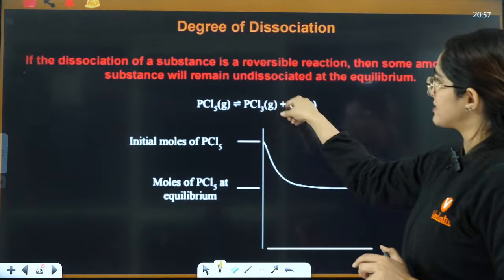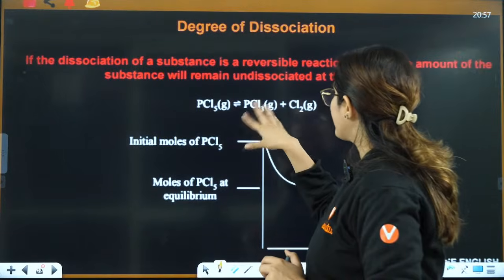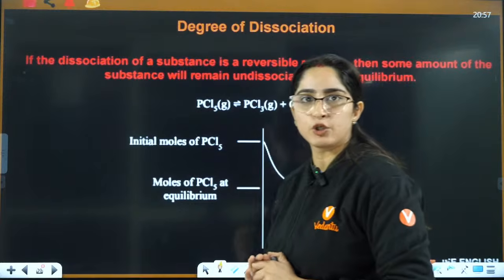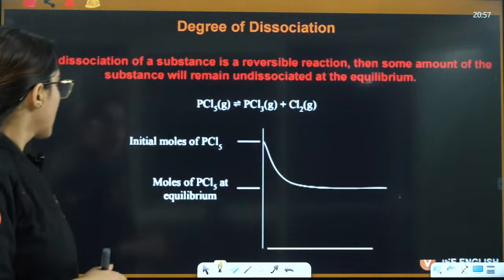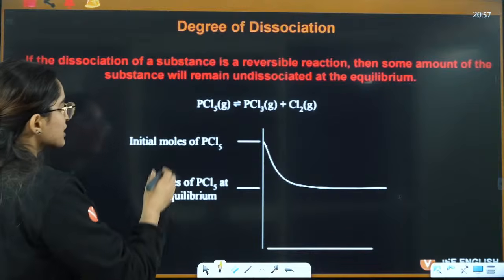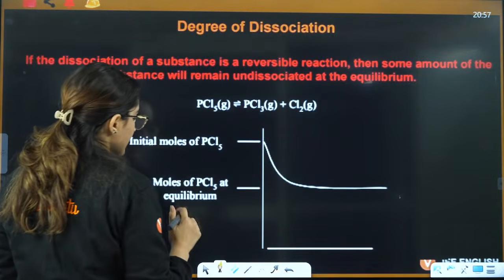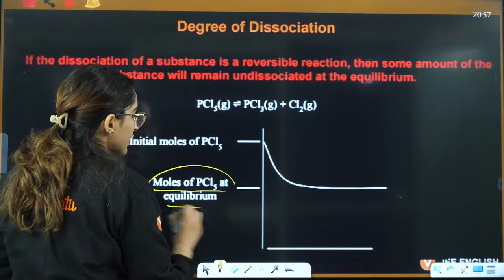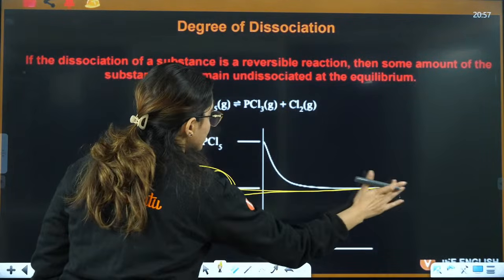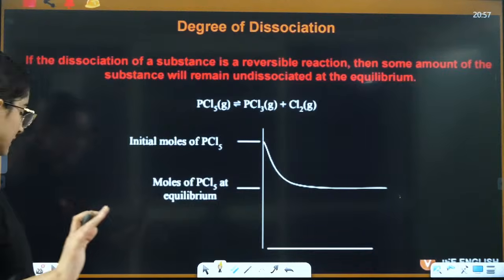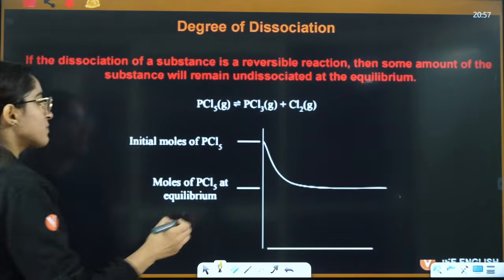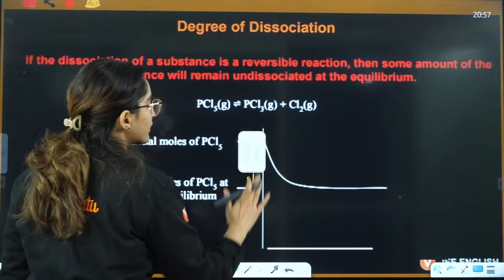Let's say this is the example, PCl5 gives rise to PCl3 and Cl2, right? Now we know that the initial moles of PCl5 will decrease, and the moles of PCl5 at equilibrium will become constant, right? That means this much amount has been reacted here.